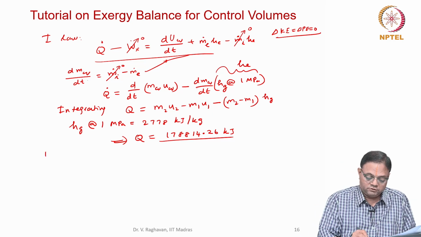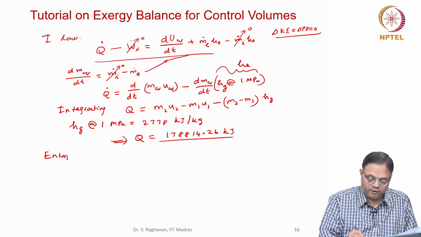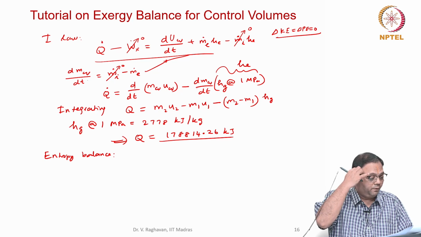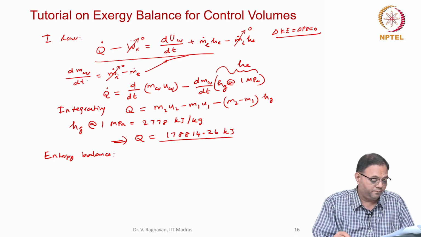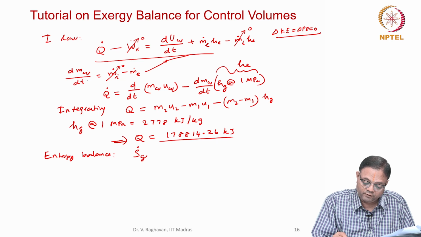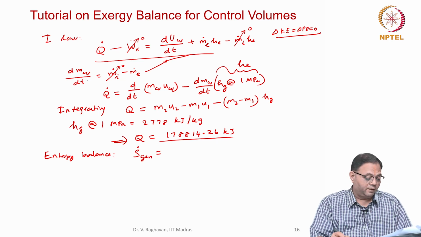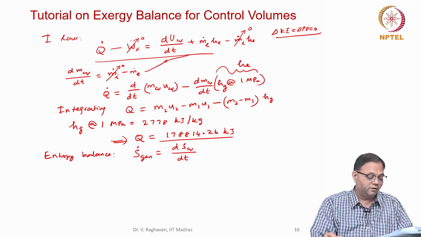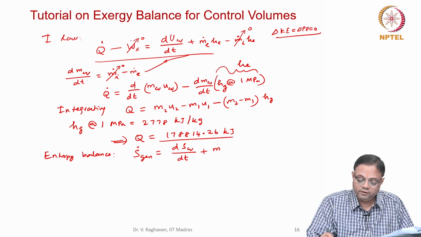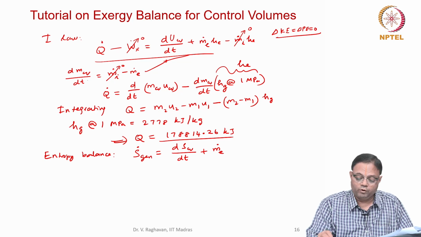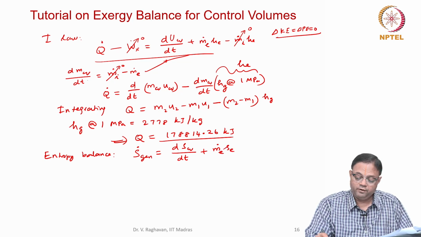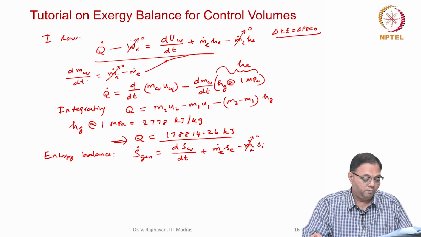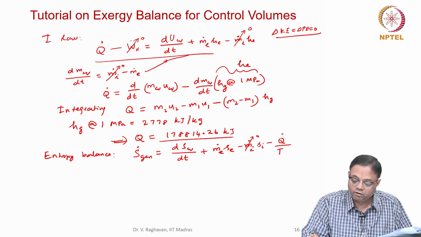Now, entropy balance. To find the exergy destroyed, I will say S gen, the rate of entropy generated, will be equal to the rate of change of entropy in the control volume, because it is a transient process, plus the mass flow rate of the outgoing stream into its entropy, minus the incoming term, but this is 0, minus Q dot by T naught.